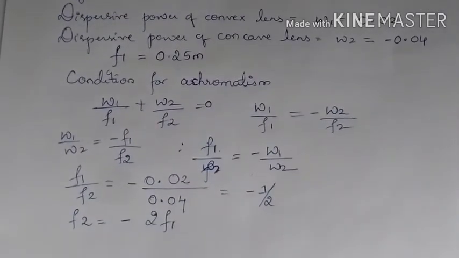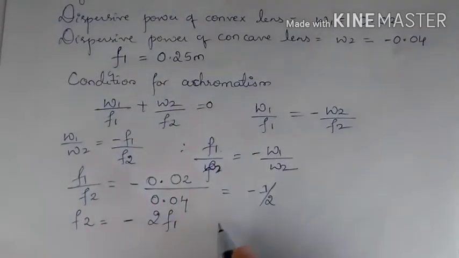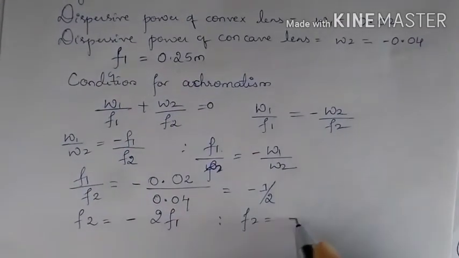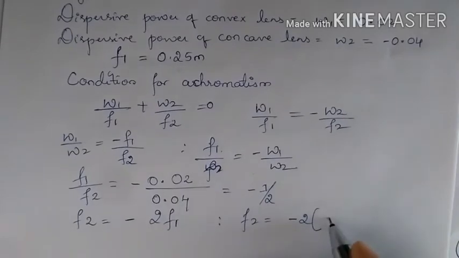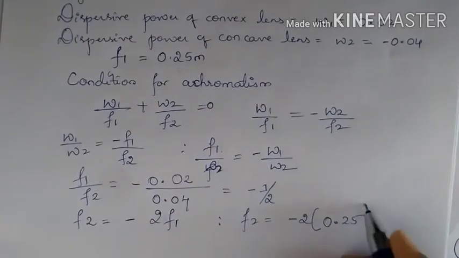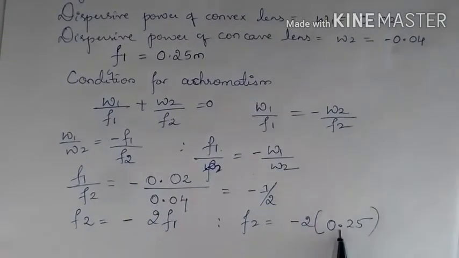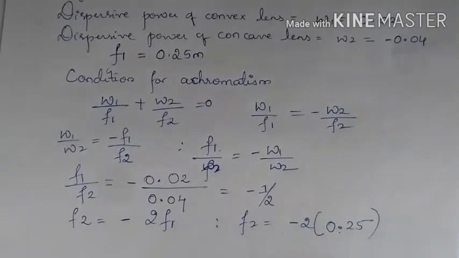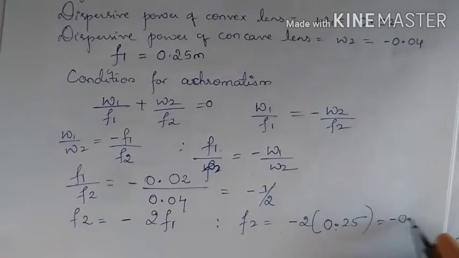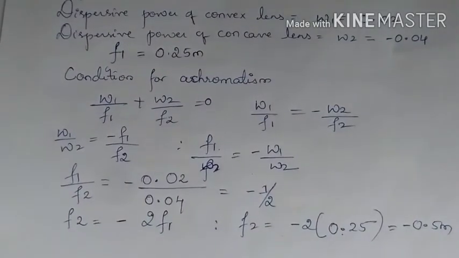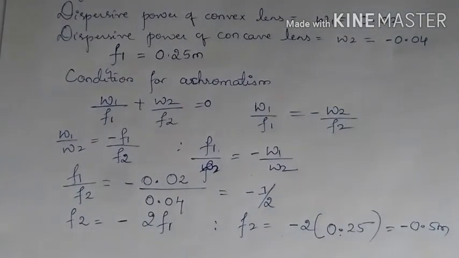We know the value of f1. So f2 is equal to minus 2 times f1, and f1 is 0.25, which is 1 by 4. So 2 times 1 by 4 is 1 by 2, that is 0.5 meters. So this is the value of f2.